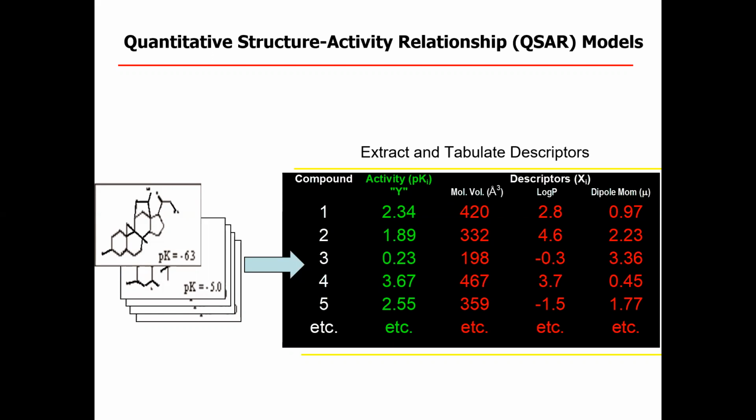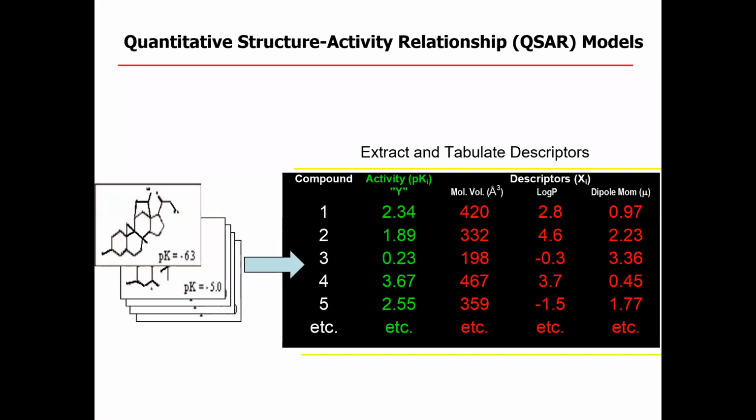This is the volume of this molecule, log P of this molecule, and dipole moment of this molecule. Similarly for molecule 2, 3, 4, 5. So I have 5 activities and descriptors.